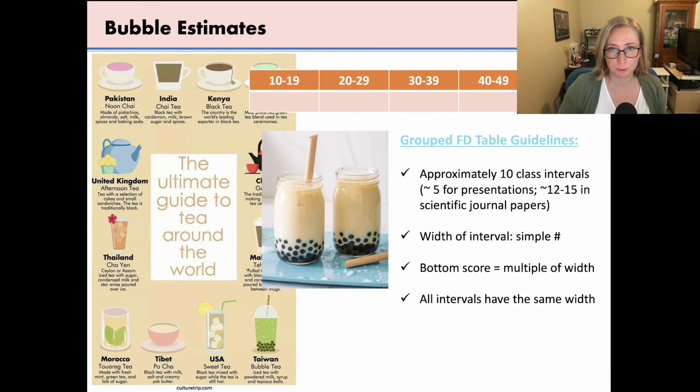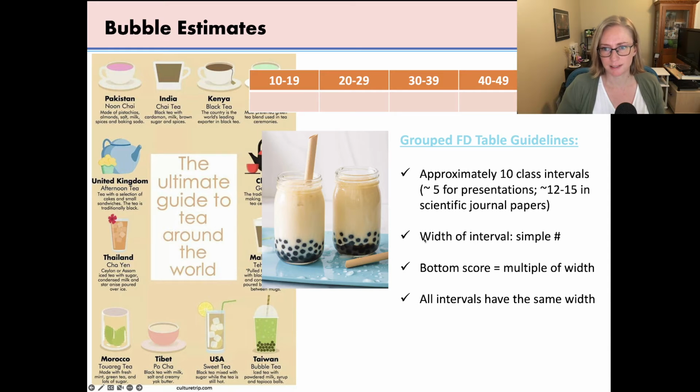For presentation purposes, sometimes we aim for a lower number so it's more visibly clear for us to figure out what's going on. So that's what I did here, I didn't mean to, but I have 5 class intervals. If it's in a scientific paper, often it'll be more than that, right? Because we're just trying to cram all the information in there.